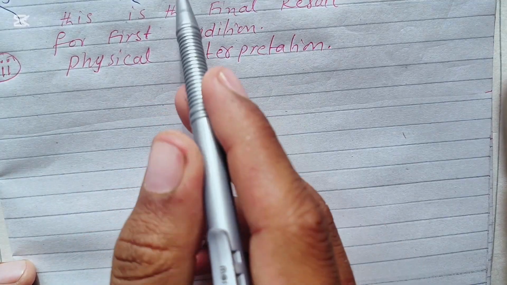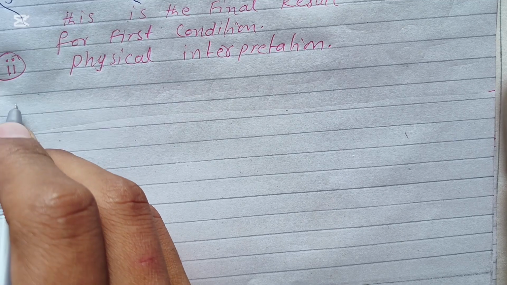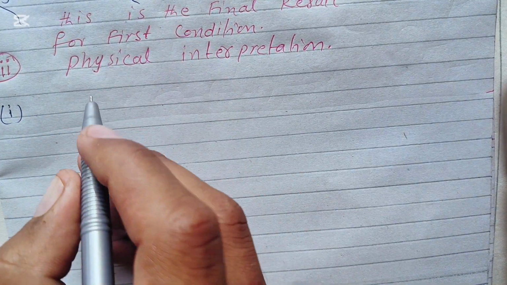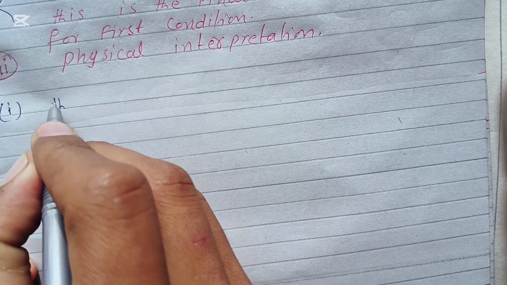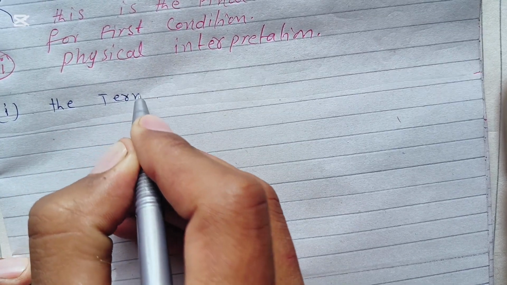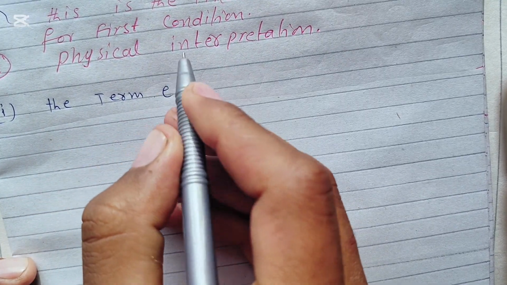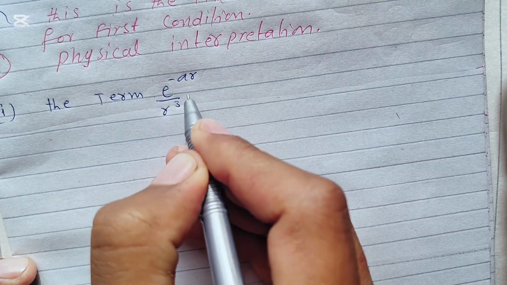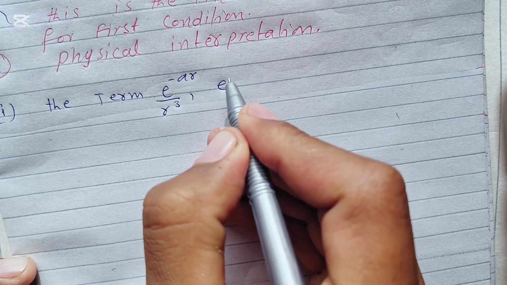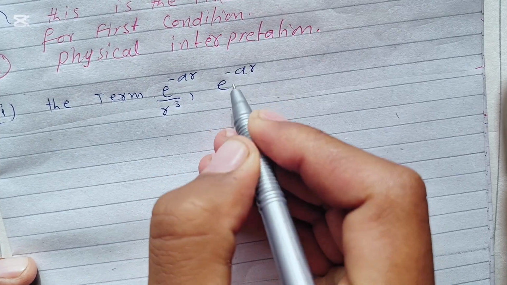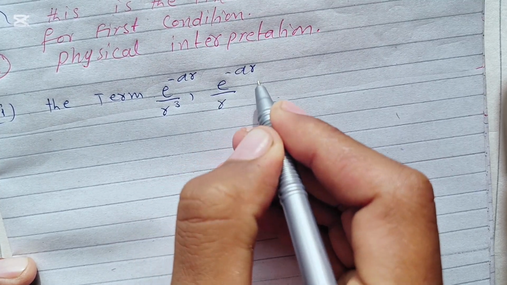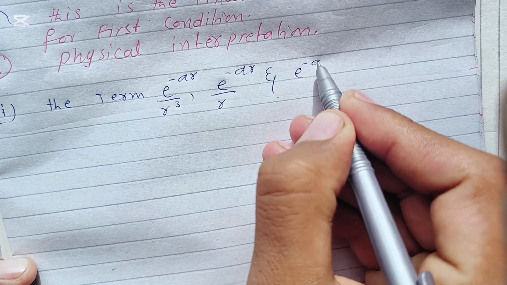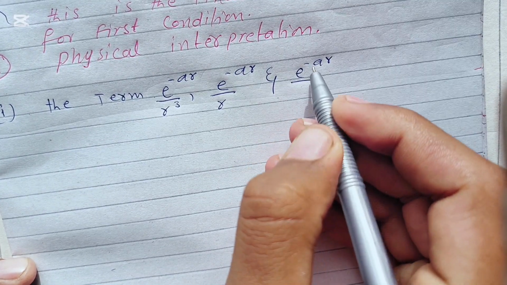If we see this equation, point 1 in the physical interpretation: the term e^(-alpha r)/r cube, and the other term e^(-alpha r)/r square, and this term e^(-alpha r)/r.